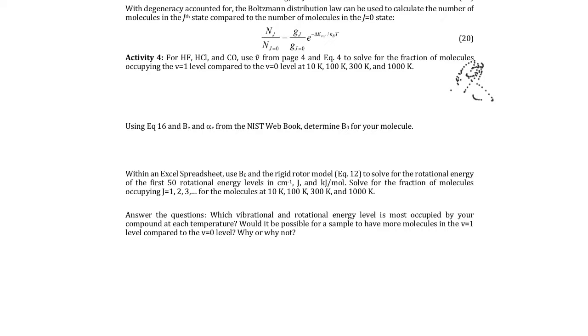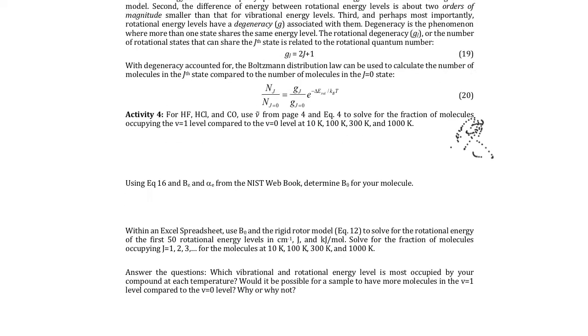The issue here with rotations is we get this degeneracy factor that's a function of J. The degeneracy is 2J plus 1. The degeneracy is sort of how many ways there are of distributing, or the degeneracy of states that have a J of 1 versus 2 versus 3. If you plug in a 0 for J, you see it's 2 times 0 plus 1, so there's only one way to have no rotational energy.